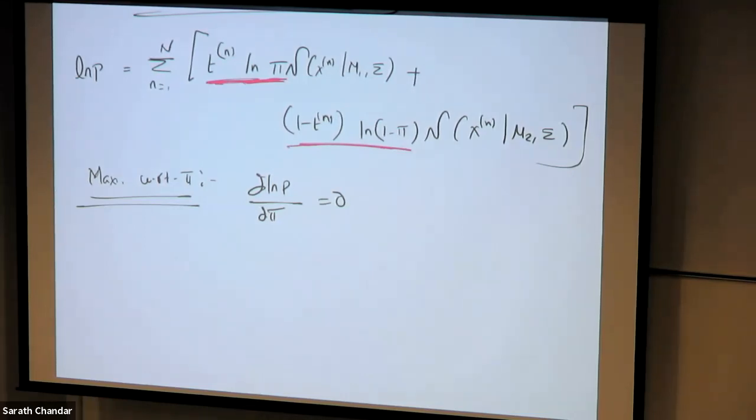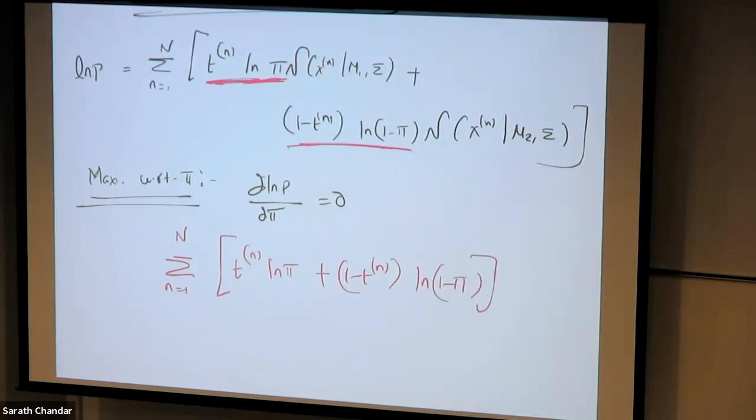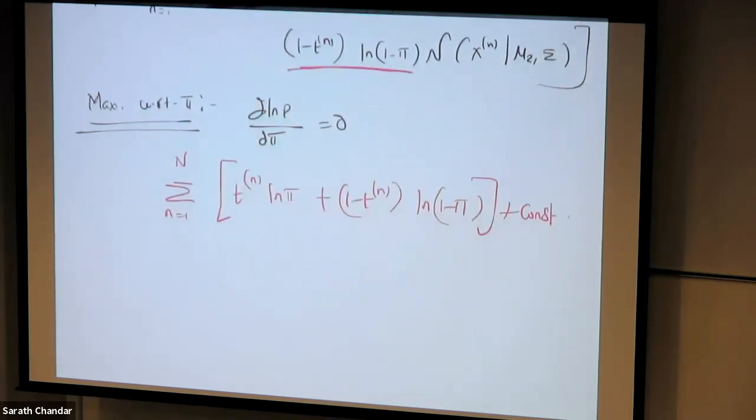So basically, summation over n equal to 1 to capital N, t of n ln pi plus 1 minus t of n ln 1 minus pi, plus some constant. I'm just restructuring the equation. I don't care about the constant because when I differentiate, it goes to 0. Now I can differentiate this with respect to pi and set it to 0.